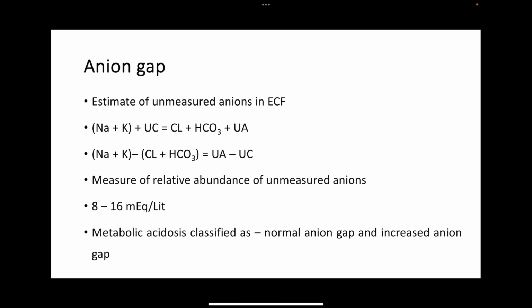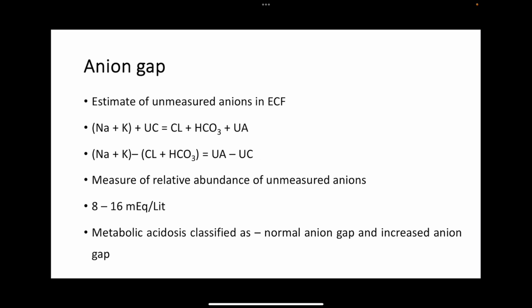So we get the formula: sodium plus potassium plus unmeasured cations is equal to chloride plus bicarbonate plus unmeasured anions. Which gives us the formula that unmeasured anions minus unmeasured cations is equal to sodium plus potassium minus chloride plus bicarbonate. This is the measure of relative abundance of the unmeasured anions.